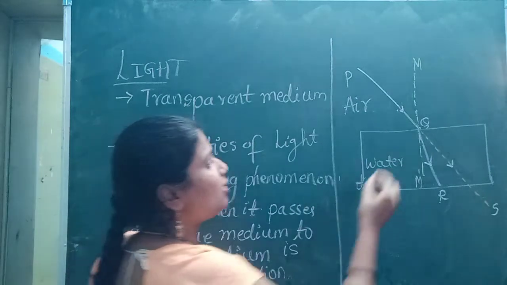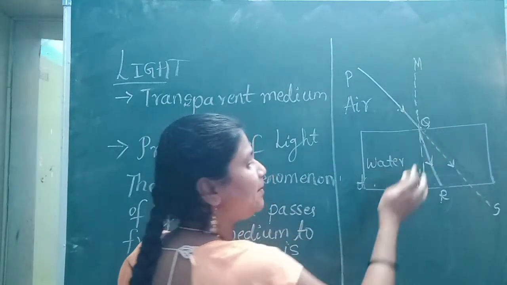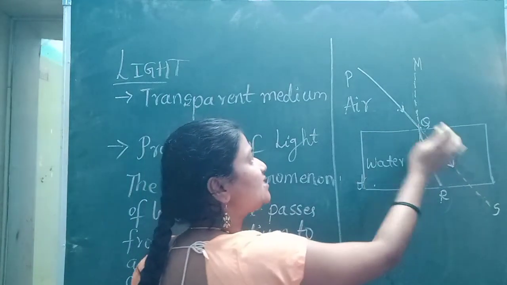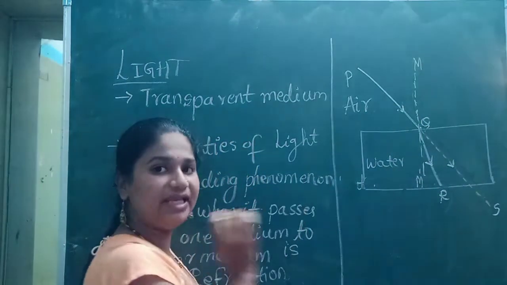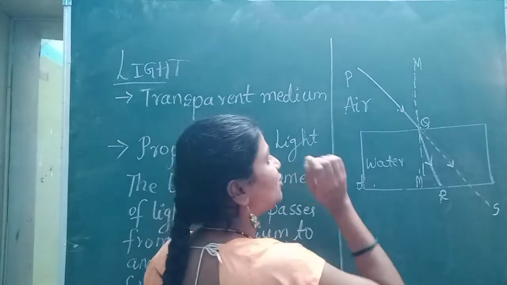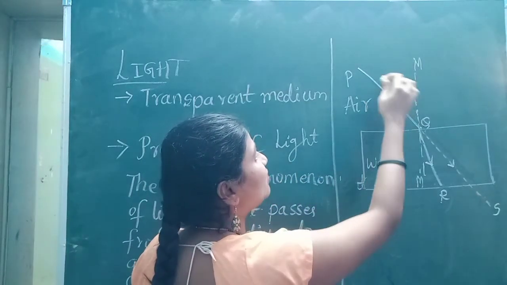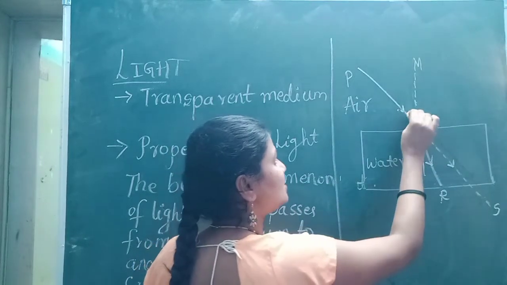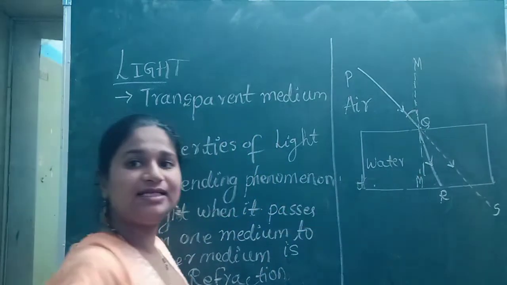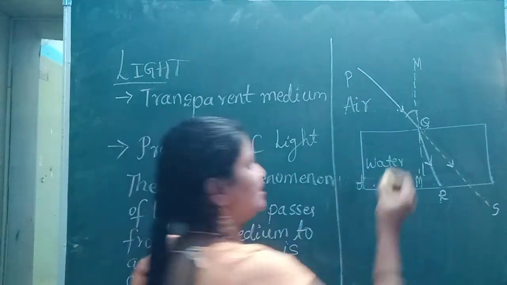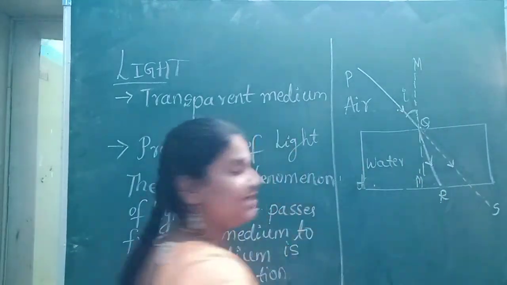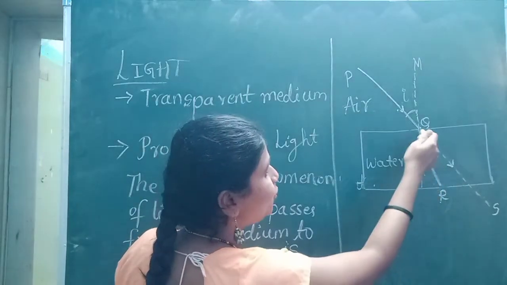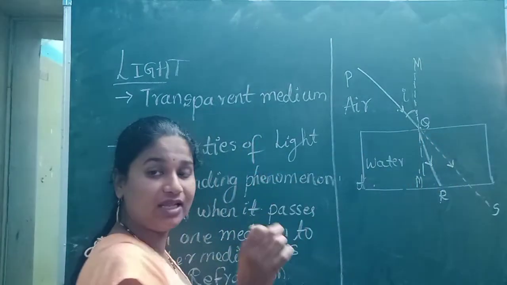So when I draw a normal, this is M dash. This is a normal drawn to the surface where air and water meet. Here, the angle between PQ and the normal is considered the angle of incidence. Next, QR is the refracted ray.